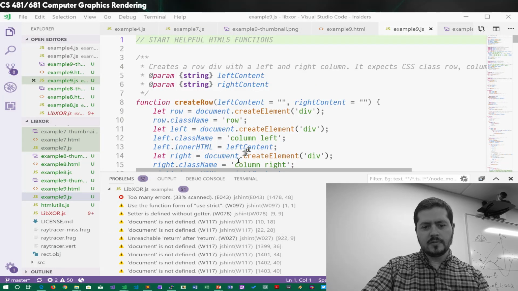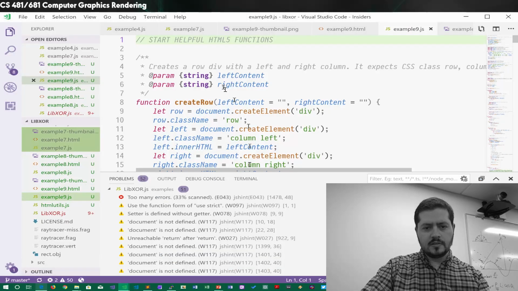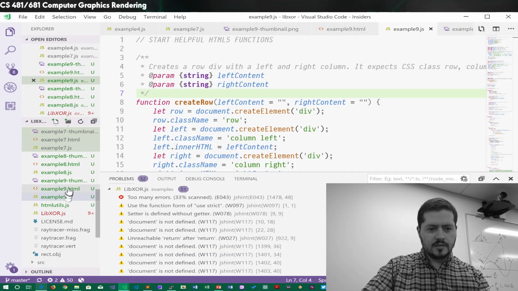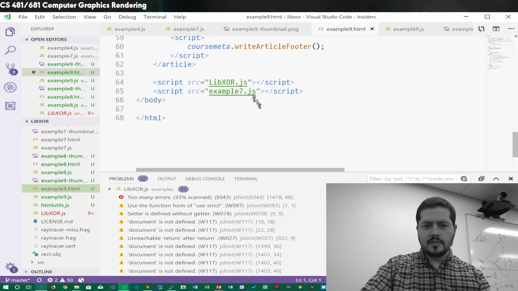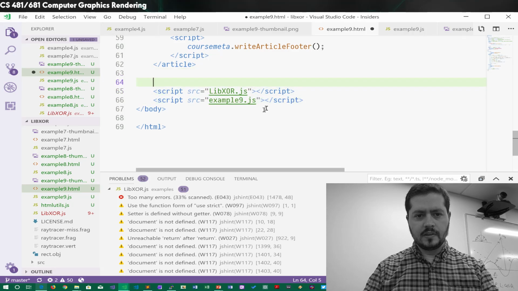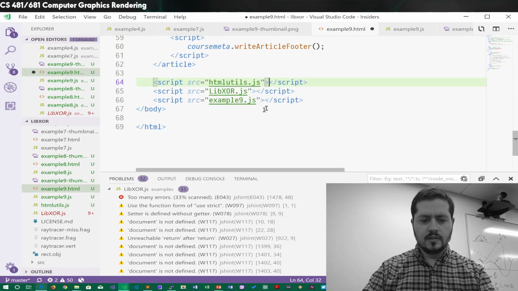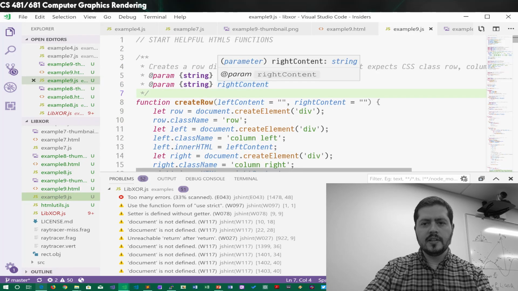Something's slowing my computer down. This is probably it. Okay, all right. So over here, change my thing to 9. Change my HTML file.